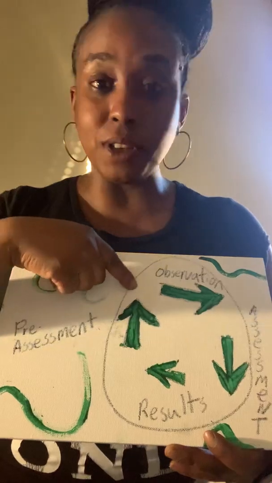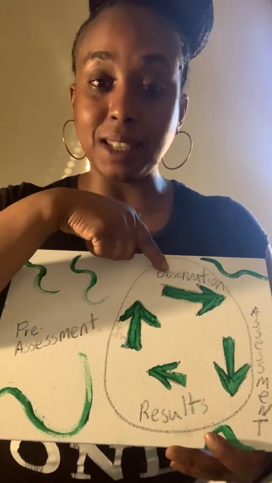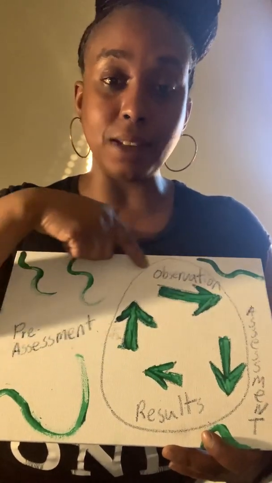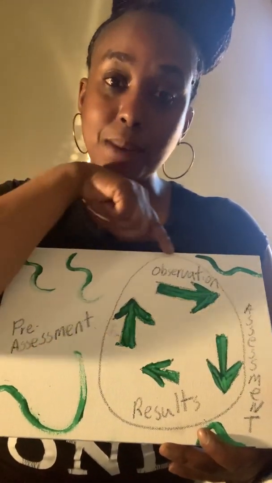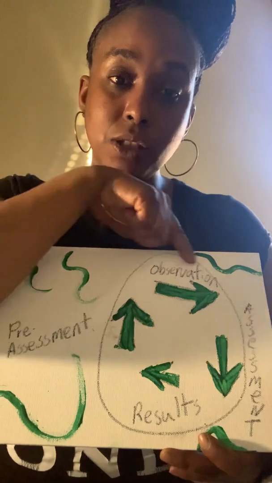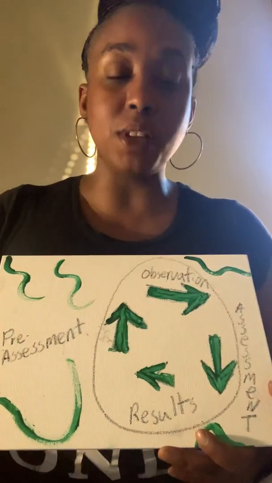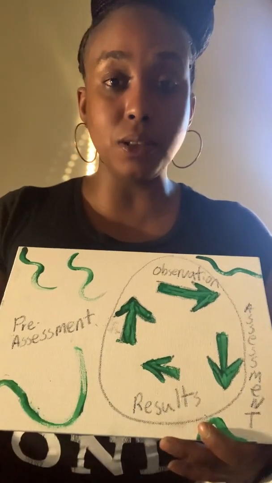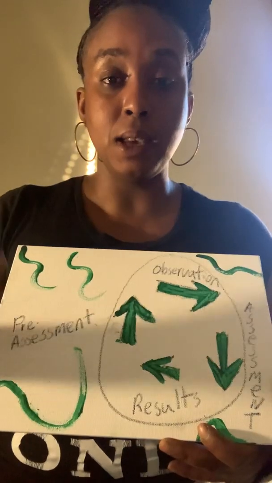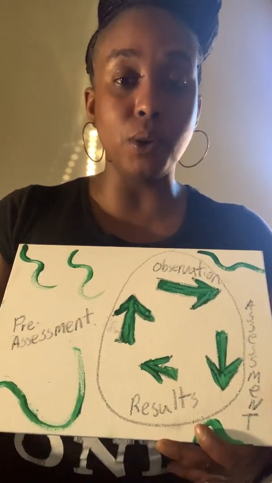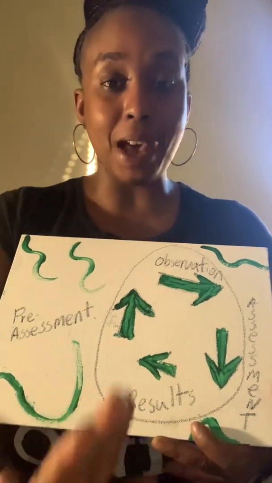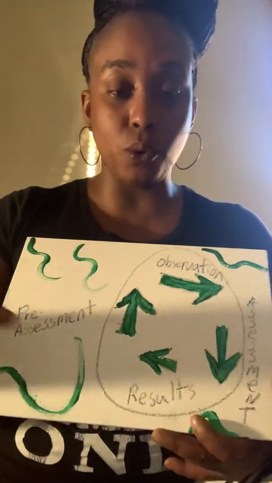Next, through different types of lessons, I observe their activity, which is why the arrows go up to observation. I observe what they are doing when they're in centers, when they're in their writing focus or reading focus or math focus as far as the different groups.